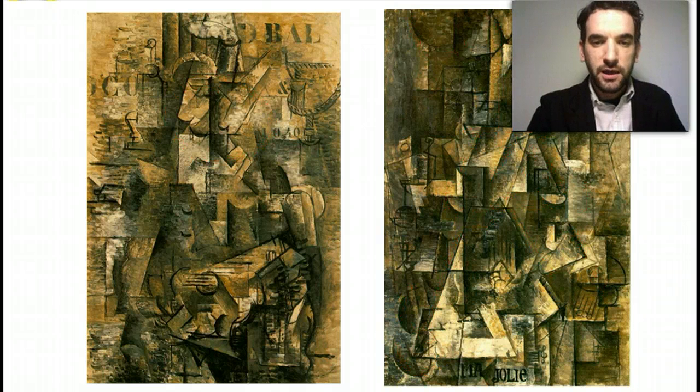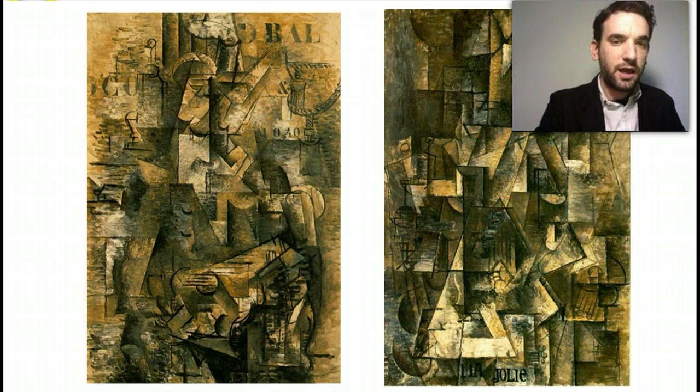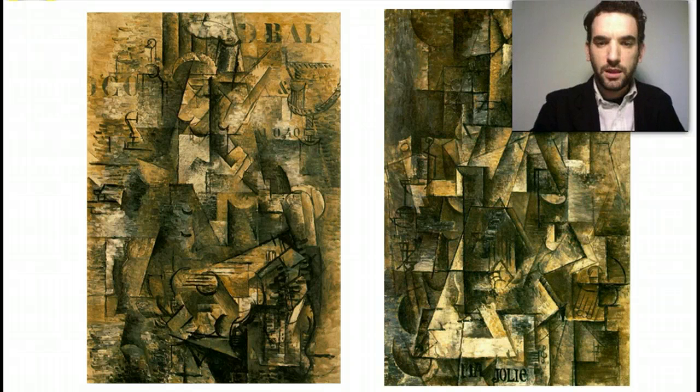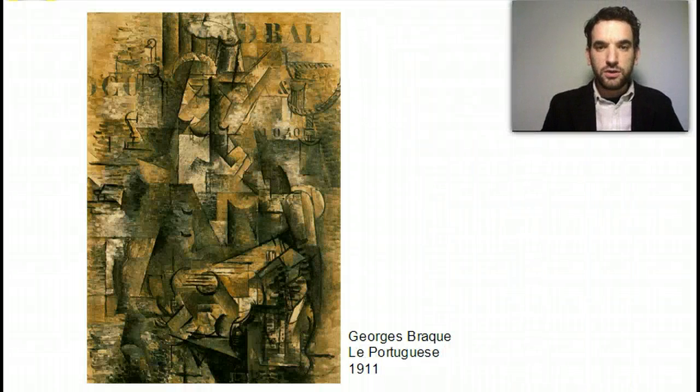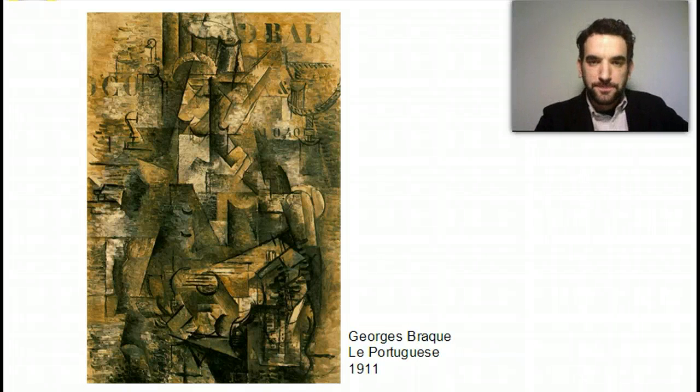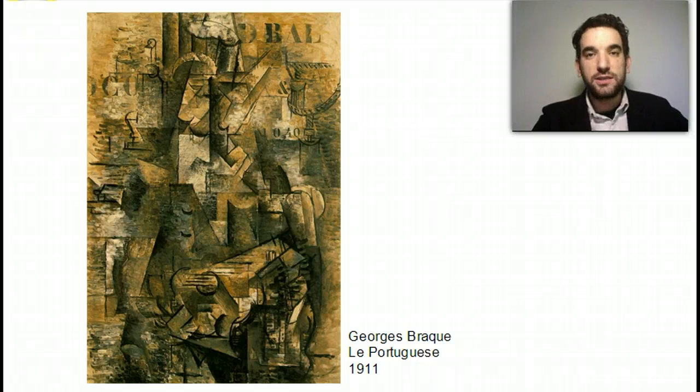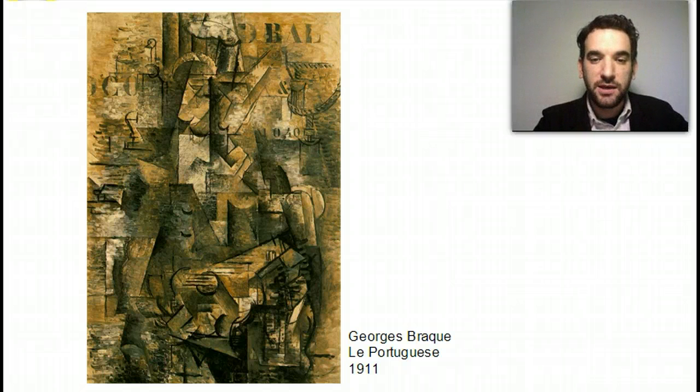For instance, let me go back to just this solo work. I said that this was a Portuguese gentleman playing an instrument. That's what we know this painting to be. And the reason we know that this painting is of that is because Braque alludes to certain aspects of this reality.